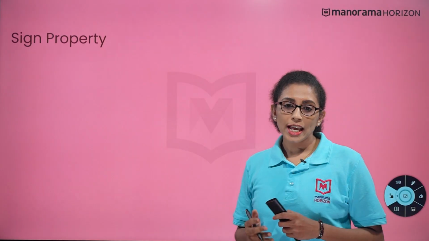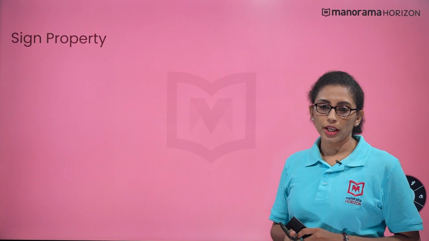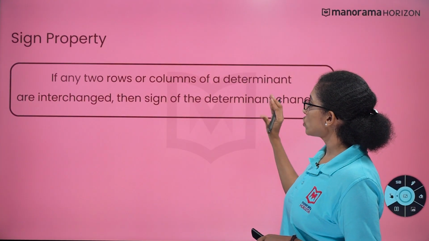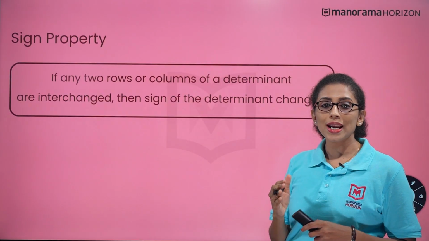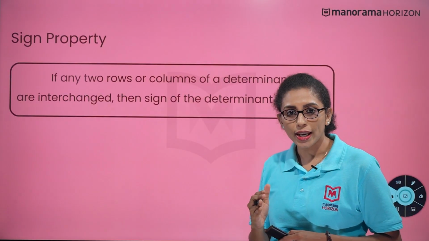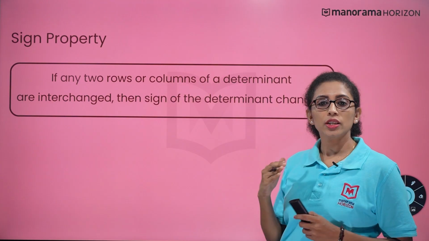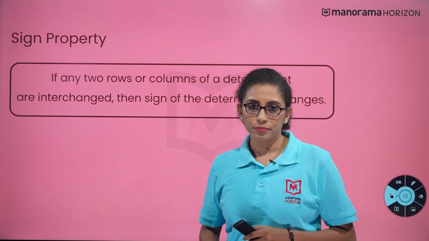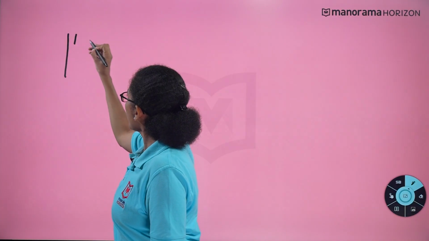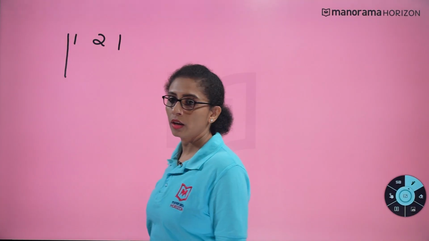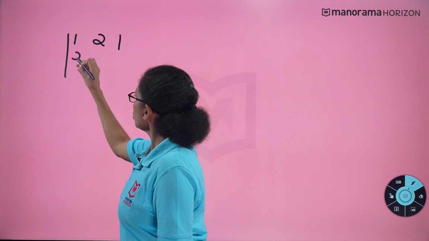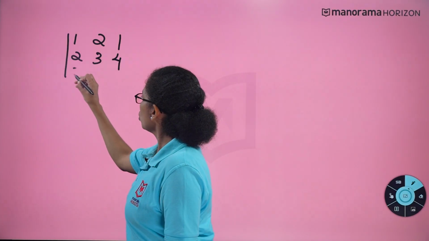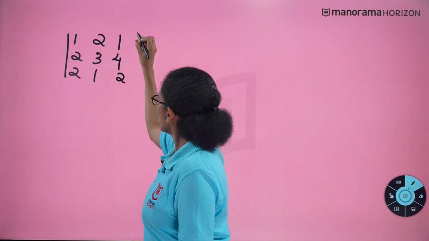Alright? The next property is sign property. It states that if any two rows or columns of a determinant are interchanged, then the sign of the determinant changes. Let's see one example for better understanding. Determinant 1, 2, 1, 2, 3, 4, 2, 1, 2.